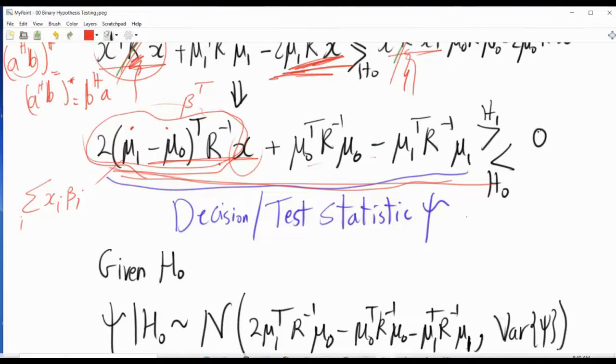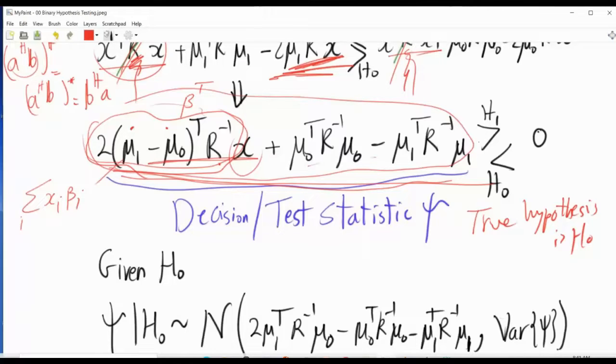So for example, if the true hypothesis is H0, the error is when you compute this quantity and it is greater than 0. Because if this quantity is greater than 0, you will decide in favor of H1, and that's an error because the true hypothesis is H0.